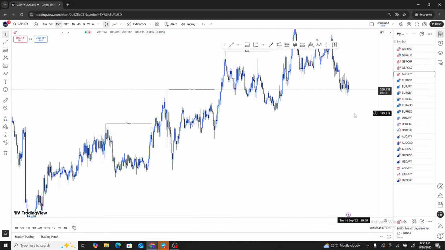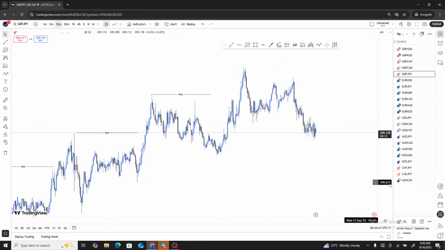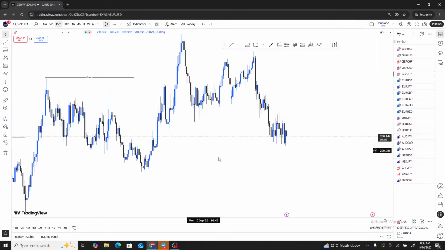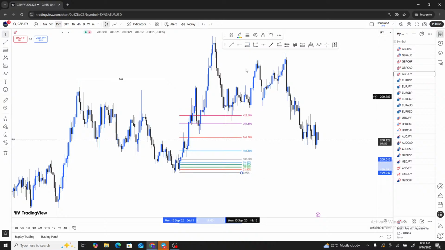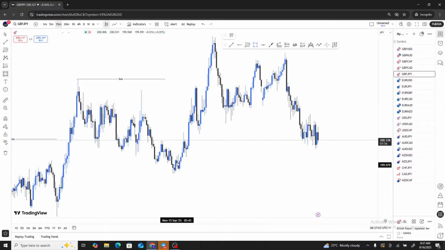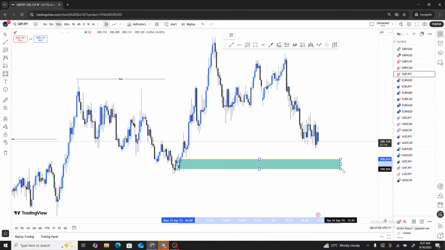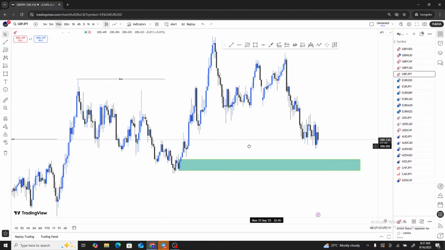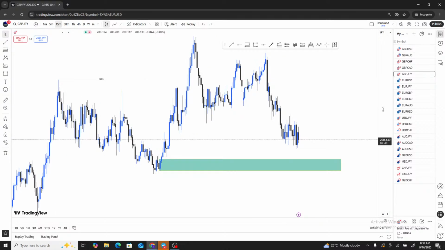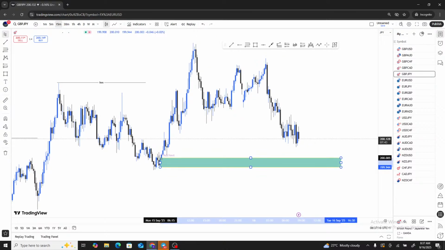Now, where do we look forward to trade from? I look forward to trade from this particular zone because it still has an imbalance, a little imbalance in there. So whichever zone you are trading from, make sure that there is an imbalance.